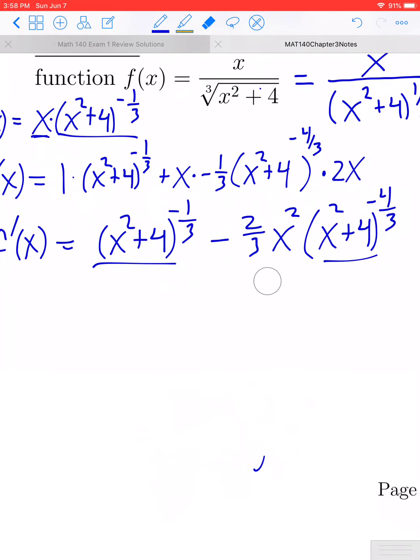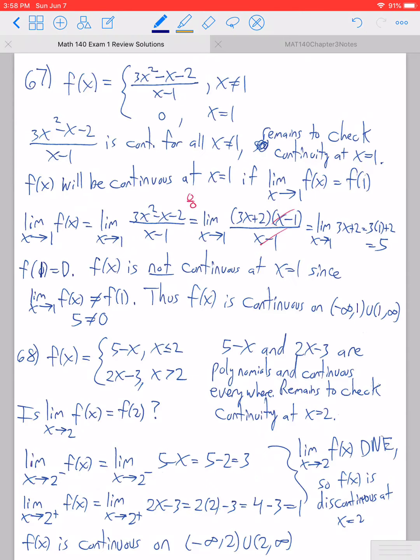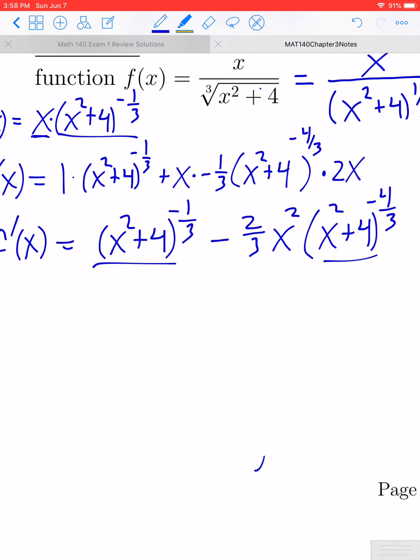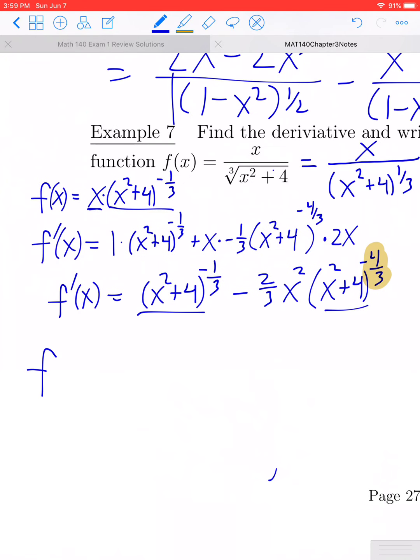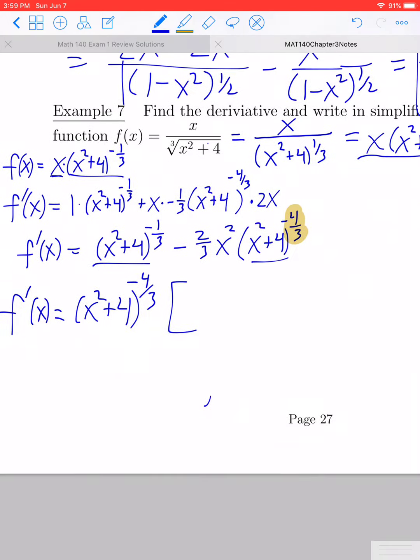So if you look at what we have up here, what is the smallest power? Well, between a negative 1/3 and a negative 4/3, negative 4/3 is actually the smallest power, so you can factor out x squared plus 4 to the negative 4/3. And let's see what that's going to leave us with.